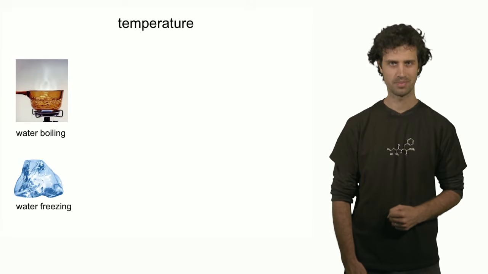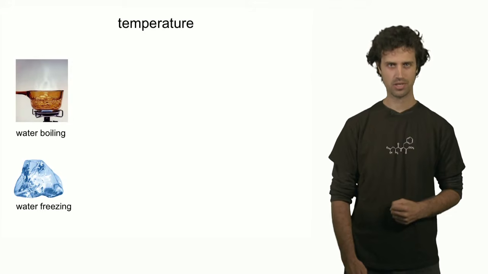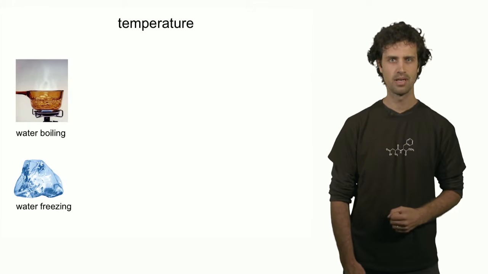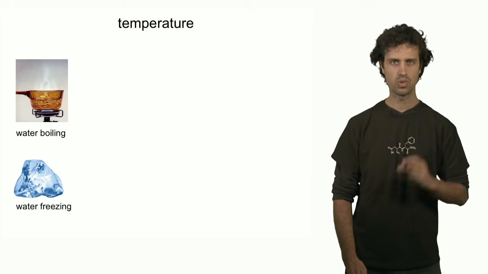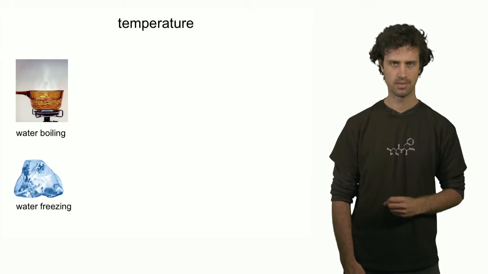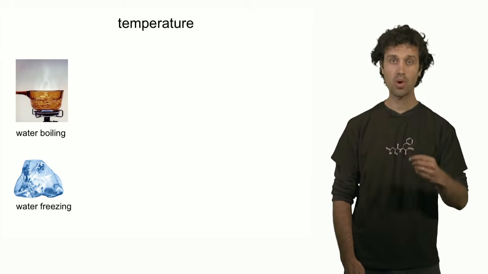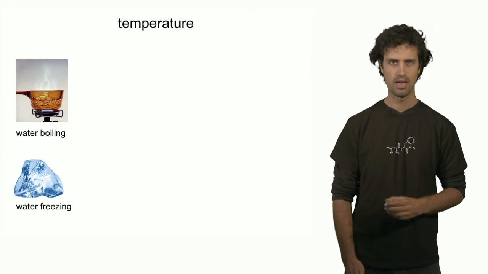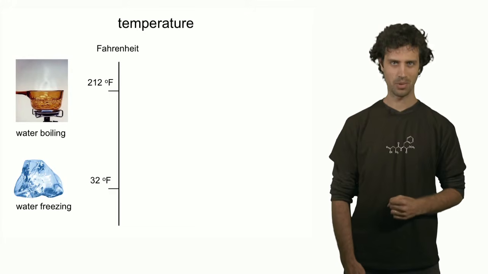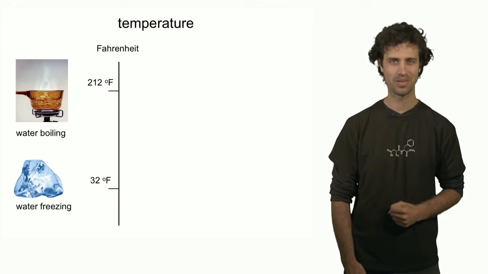Let's move on to temperature. There are several temperature scales that you may have heard of. Now it's useful to compare these temperature scales relative to two temperature points. These temperature points are the boiling point of water and the freezing point of water. Let's look at the Fahrenheit scale, a scale you are probably very familiar with.